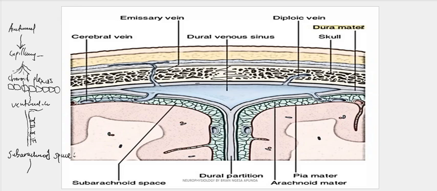So let's just draw something over here. So this is our subarachnoid space. How are they related to this space? They will be sprouting out what we call villi. This allows this CSF to be drained into the sinus, so that it collects to become now the blood. So this is how it communicates.